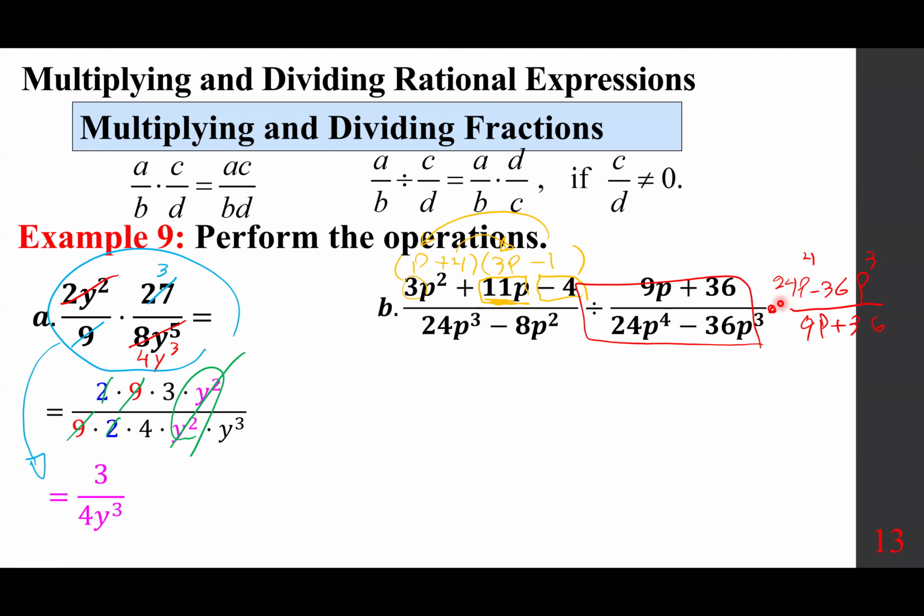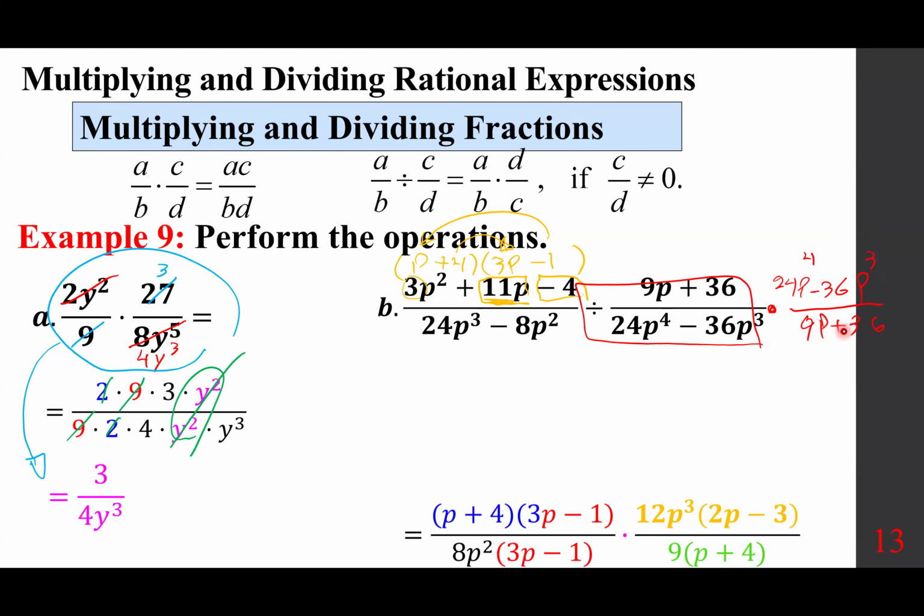This one, 12, between 24 and 36, 12 is in common. So 12p cubed, because between p cubed and p to the power 4, p cubed is in common. So 12p cubed times 2p minus 3. Over here, 9 is in common, p plus 4.